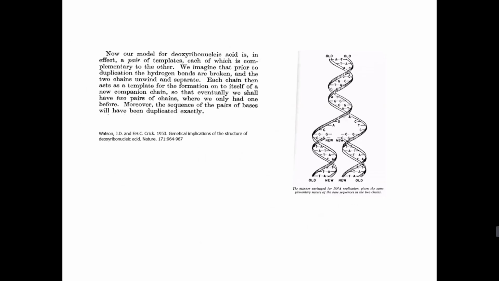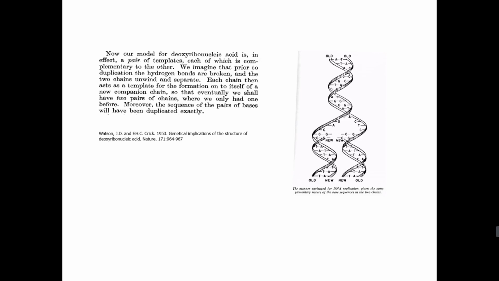Okay, so where to start? A pretty good place to start if we're discussing DNA replication is this. I'm sure you're all extremely familiar with this model illustration, which is from Watson and Crick's 1953 description of a proposed structure for DNA.